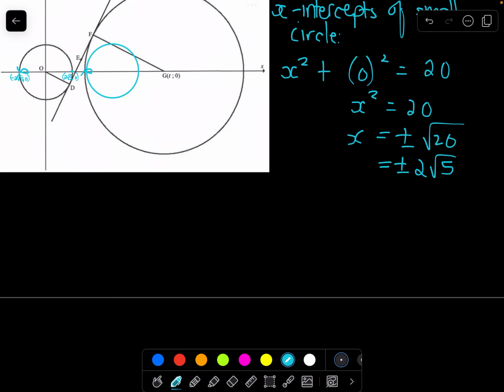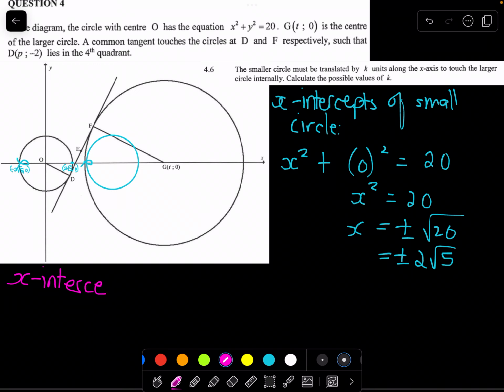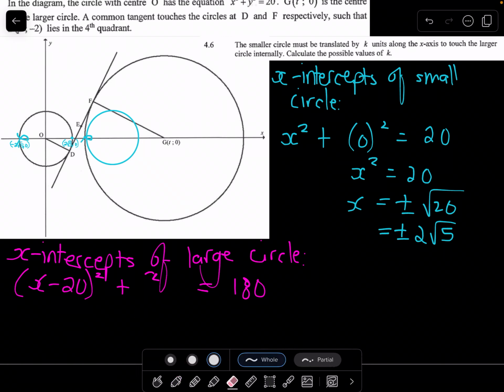Okay, right, and then let's find the x-intercepts of the larger circle. Which we found in the previous question, the equation to be (x minus 20) squared plus y squared is equal to 180, and in this case our y is 0 because we're looking for x-intercepts.